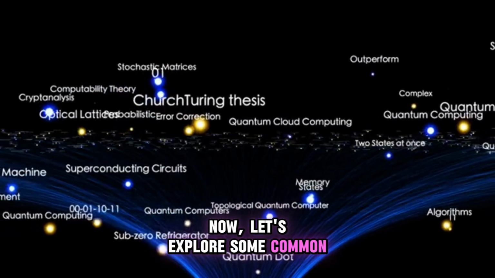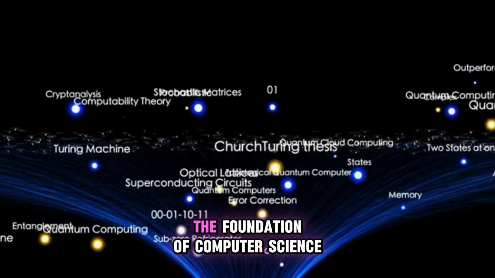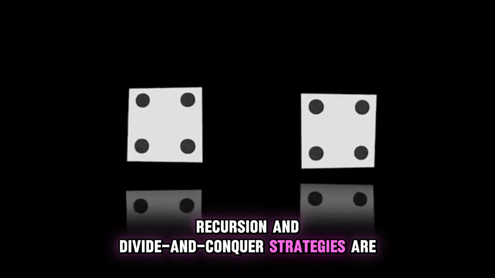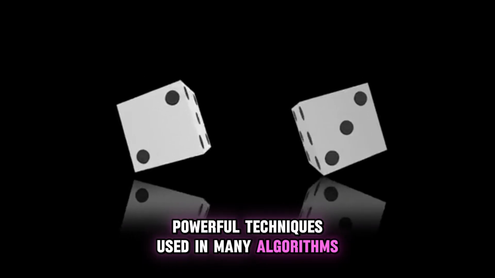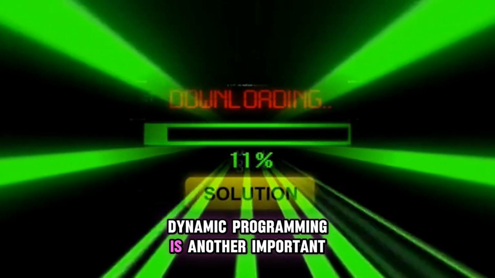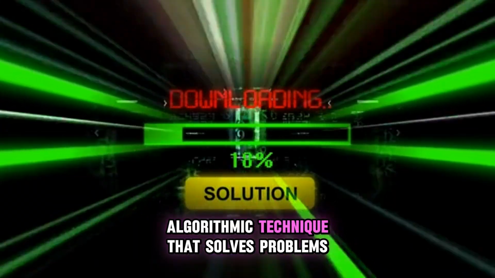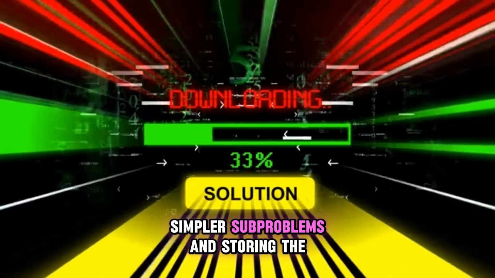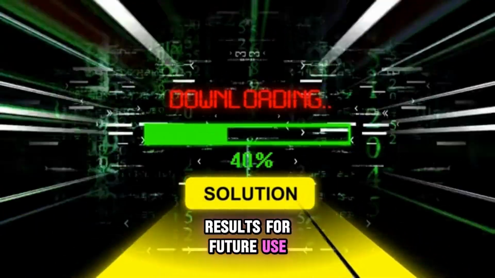Now let's explore some common types of algorithms that form the foundation of computer science. Recursion and divide and conquer strategies are powerful techniques used in many algorithms. Dynamic programming is another important algorithmic technique that solves problems by breaking them down into simpler subproblems and storing the results for future use.